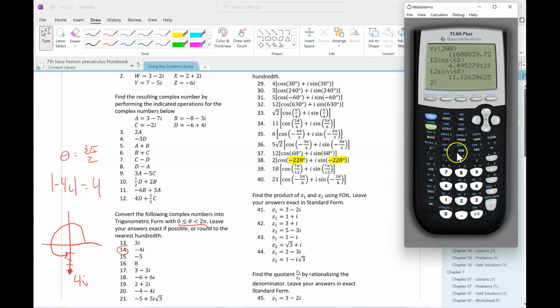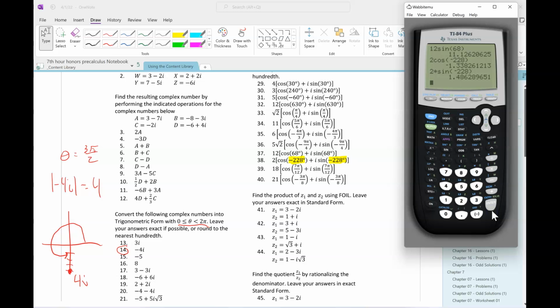And then I'm just going to do 2 times cosine negative 228. So there's my a value, and then 2 times sine negative 228. So there's my b value.